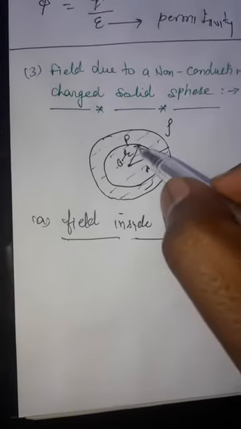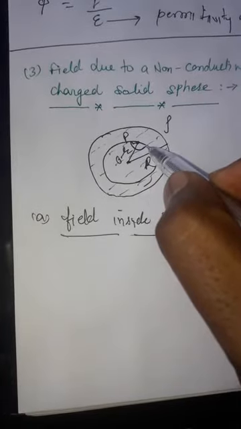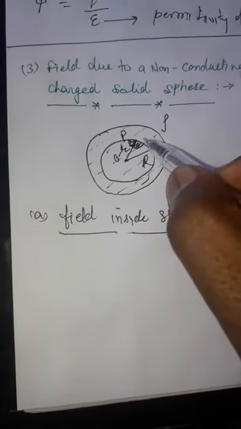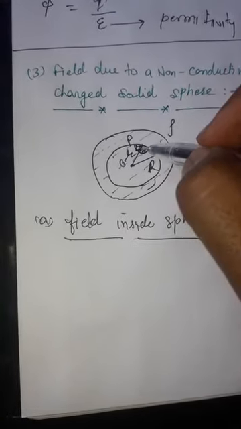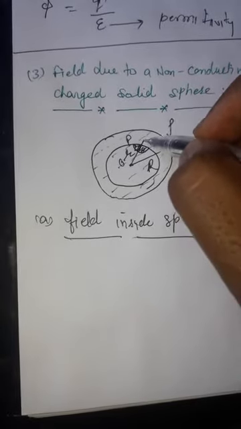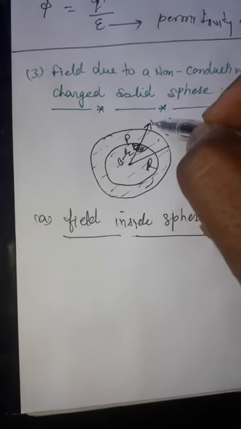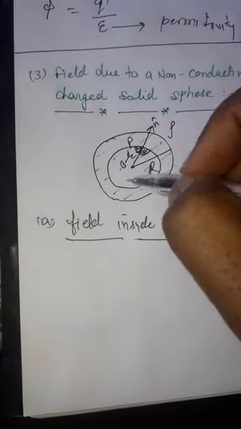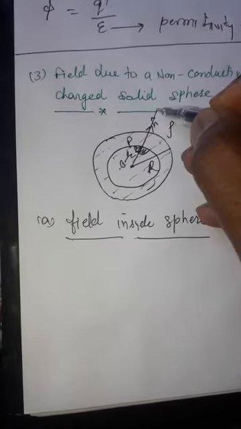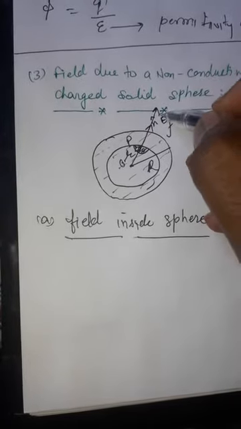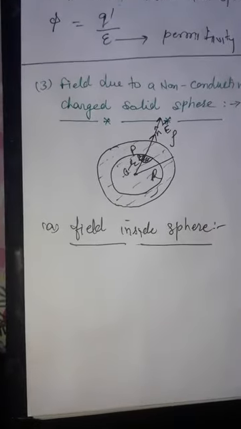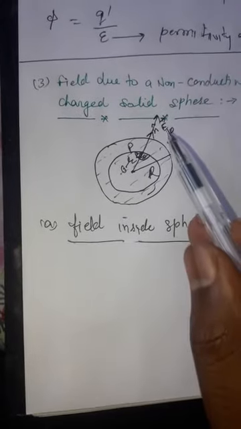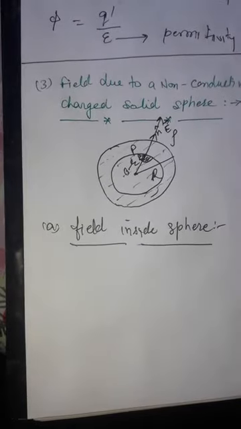Now consider a surface element around point P such that the direction of this area element is along the normal, and the electric field is also in the same direction, as we stated earlier, meaning there is no angle between the electric field and the surface area vector.